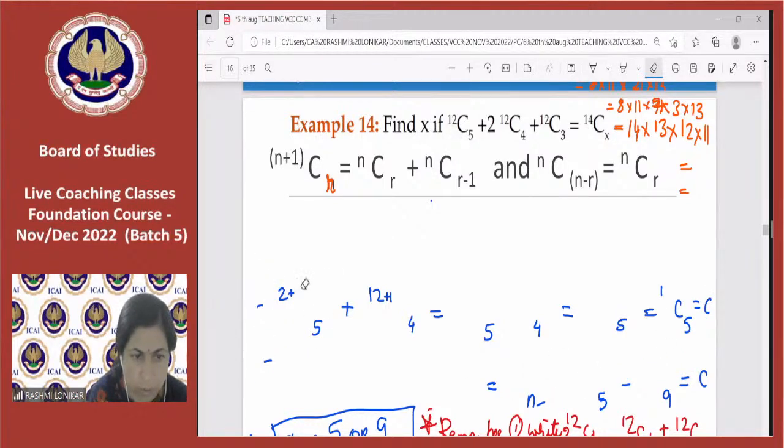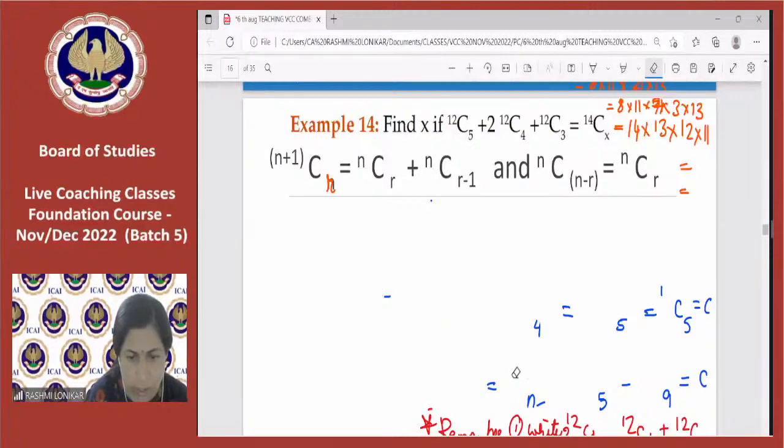Here you have to remember these two formulas. I'm not rubbing out the important things, so you can copy from there also.